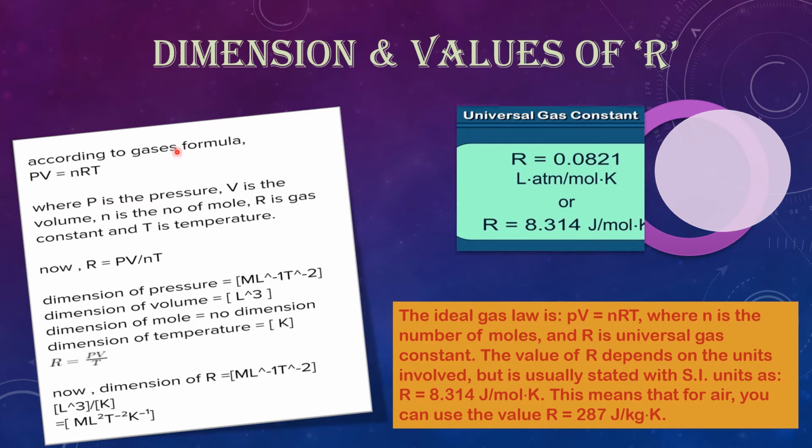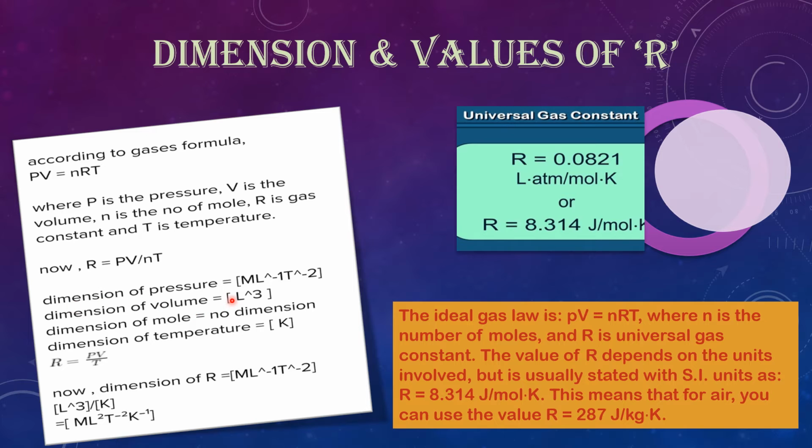What is dimension? According to the gas formula, PV is equal to nRT, where P is the pressure, V is the volume, and n is the number of moles. R is the gas constant and T is the temperature. From this equation we can get R is equal to PV by nT.